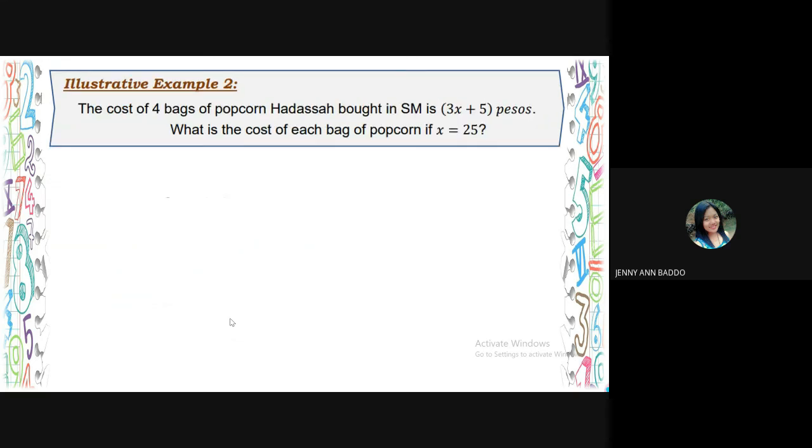Another example. The cost of 4 bags of popcorn at a store in SM is 3x plus 5 pesos. What is the cost of each bag of popcorn if x equals 25? So for our solution, take note that 4 bags of popcorn is equal to 3x plus 5.